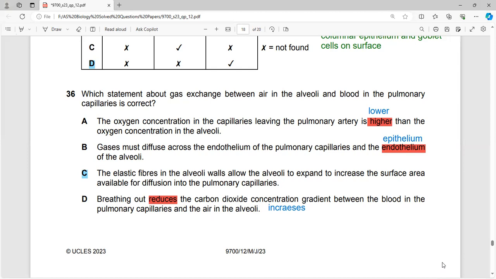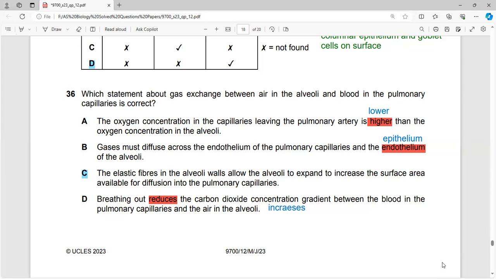Option B: the gases must diffuse across the endothelium of the pulmonary capillary and the endothelium of the alveoli. The correct statement would be that gases must diffuse from the endothelium of the pulmonary capillary.